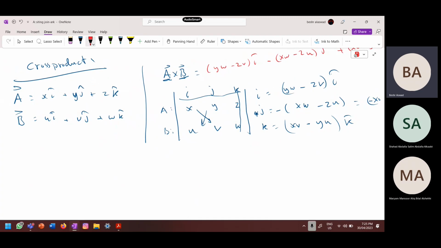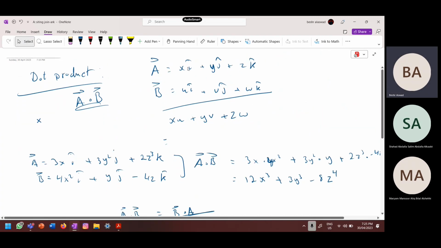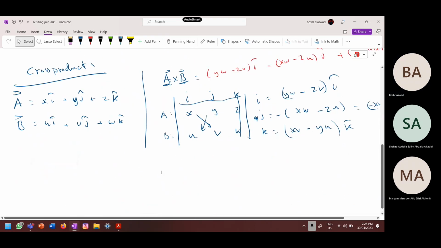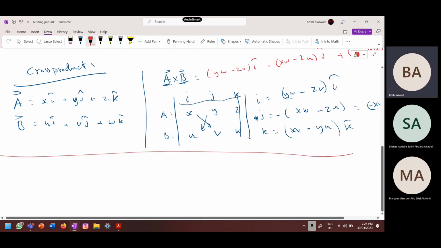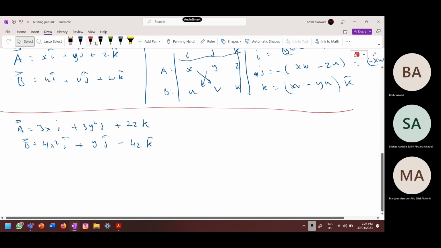Now, to have an actual example on this, I'll solve two examples for this. We'll get the previous example from before.